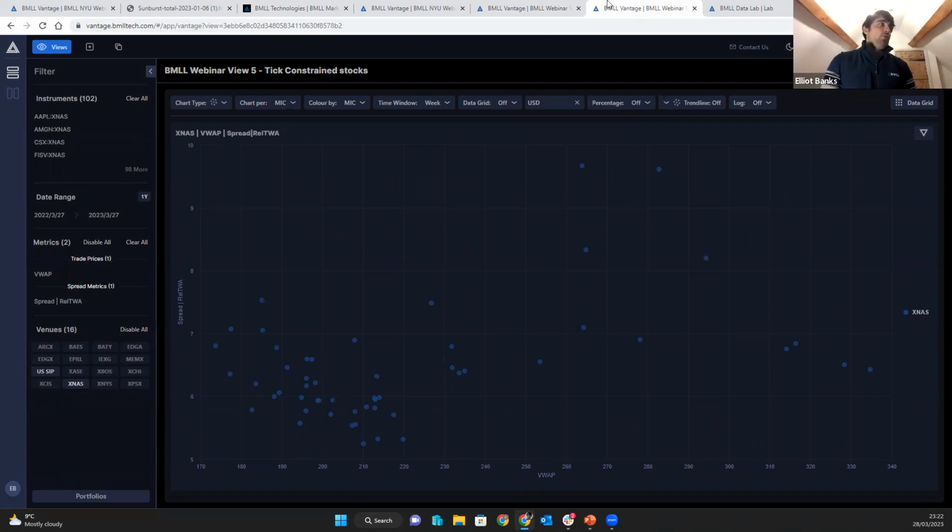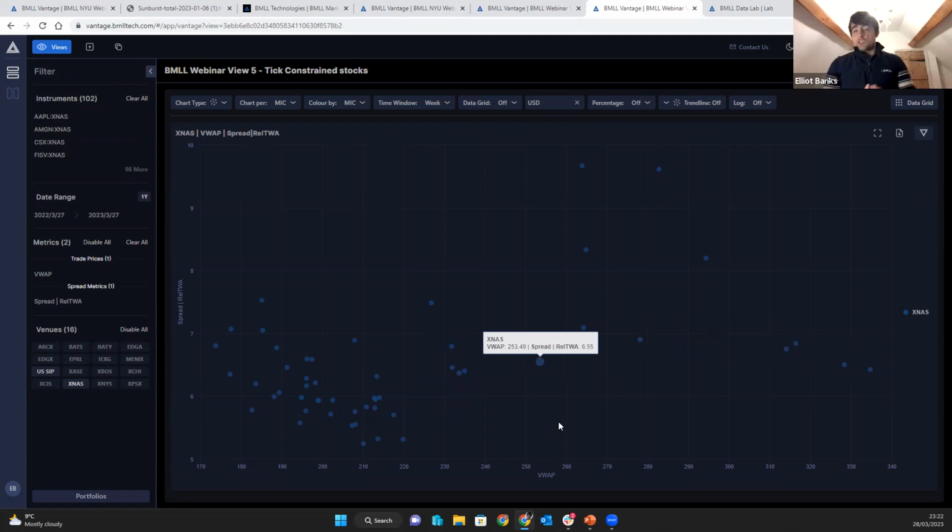So here I've pulled a bunch of the NASDAQ 100, and I've plotted the VWAP against the spread. And what you can see is this pretty familiar pattern. You'll see it in the article that Petter linked to as well, Phil's article, that you get this sort of sweet spot.